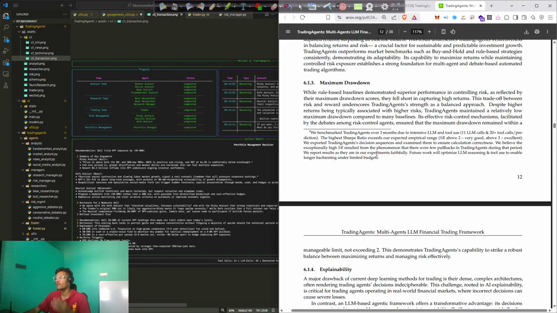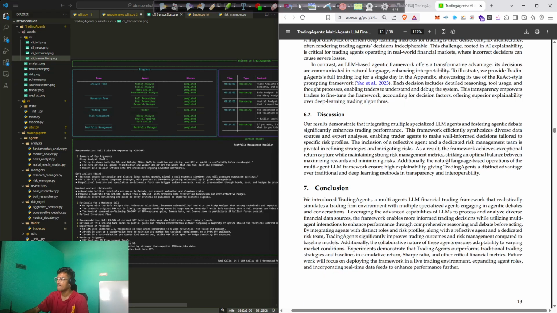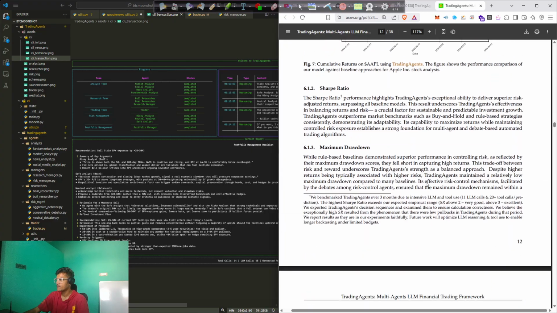Yeah, this is what I was also thinking. 3 months of data is not quite enough, but still, I can understand. It's 11 LLM calls, 20 plus tool calls, per prediction. Yeah, it's a lot of calls. I think one prediction is gonna cost around $10-20 or something.